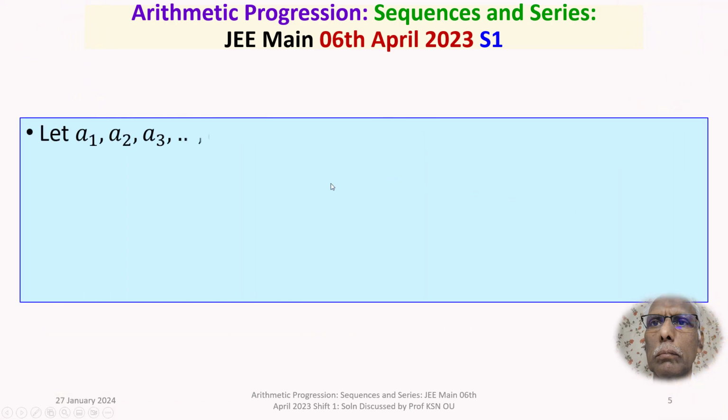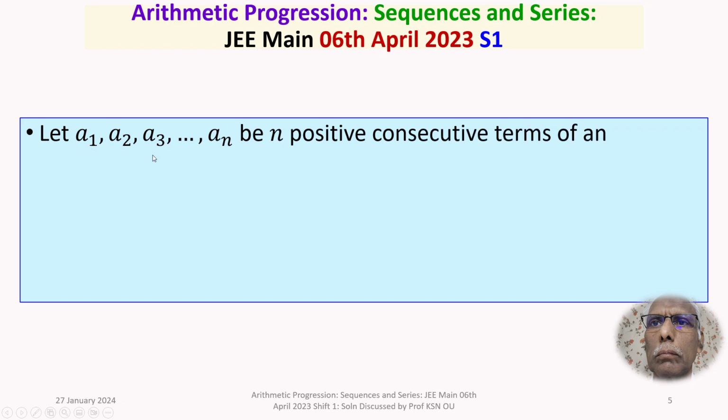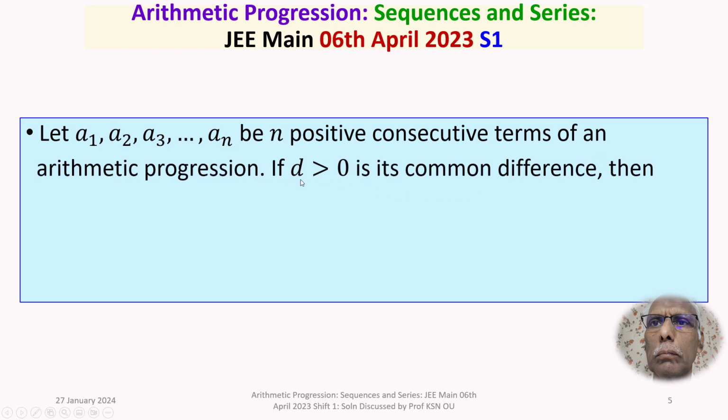The given question is, let A1, A2, A3, etc., An be n positive consecutive terms of an arithmetic progression.